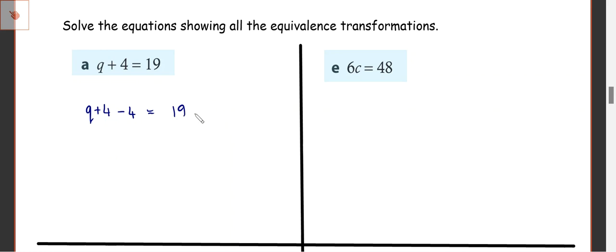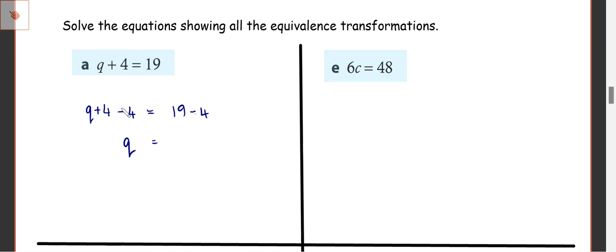Okay? So I'm going to say minus 4, and do you notice how I did it before? I put it above. Well, I'm improving on that, so maybe that's not the best way at the moment. So I'm actually going to write the proper equivalence statement. Have you all written that down for yourself? Okay? What I'm then going to do is simplify those equivalence statements, which is, well, if Q plus 4 minus 4, that's just the same thing as Q. Because if I add 4 to Q and then subtract 4 from that answer, I'm just back at Q, right?